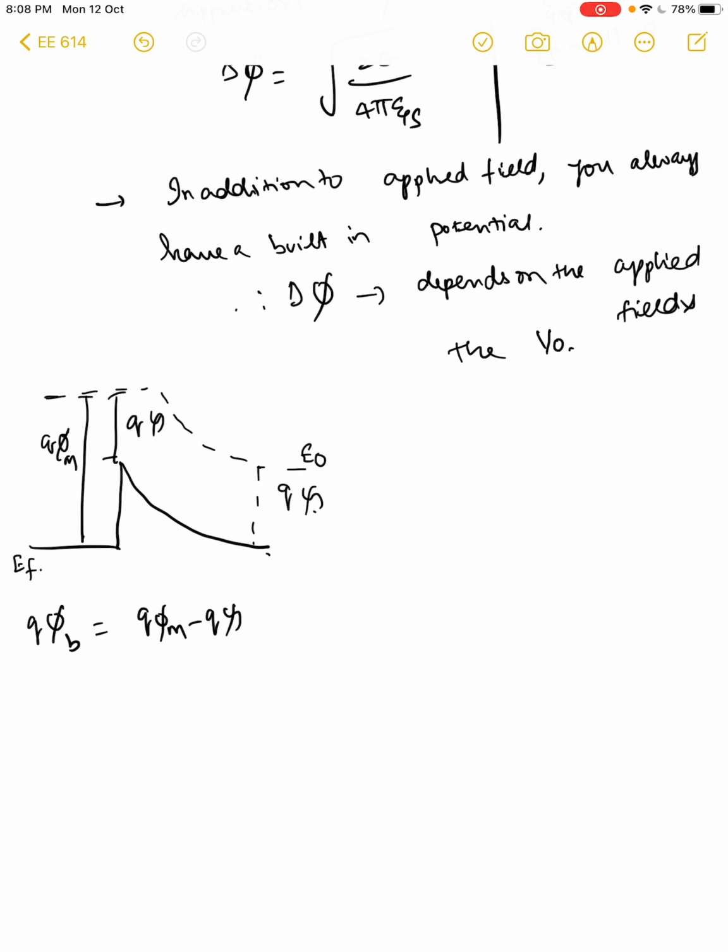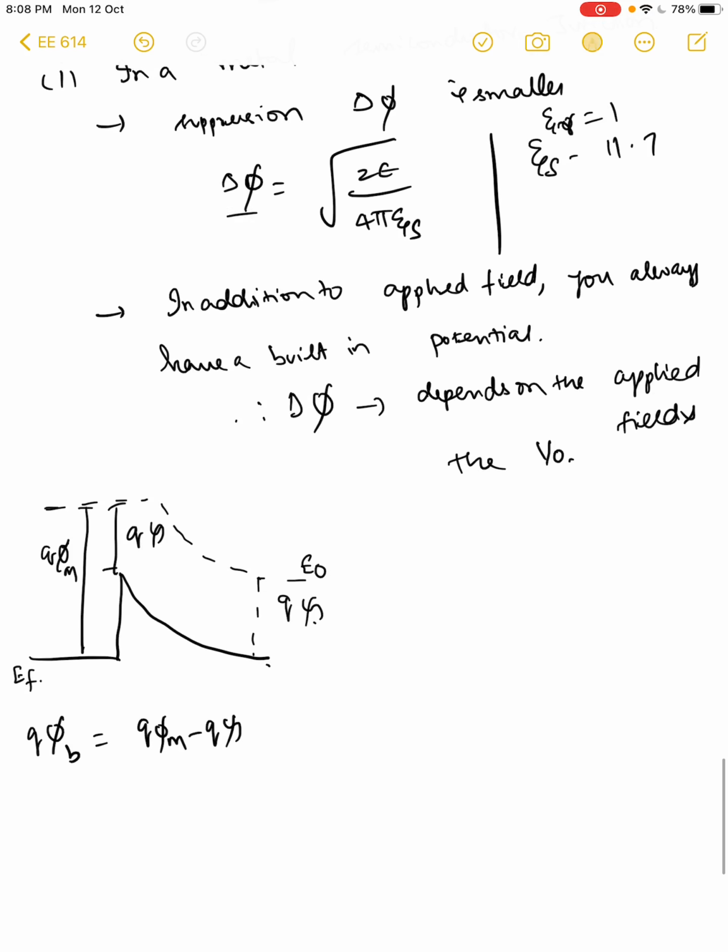This is the treatment that we saw till now, right? Now when there is image lowering and you have an external applied field, the change in the metallic work function and hence the barrier height will look like this, right? So once again I have EF here, I have E naught here, and the ideal, let us say, this is q psi m, right?